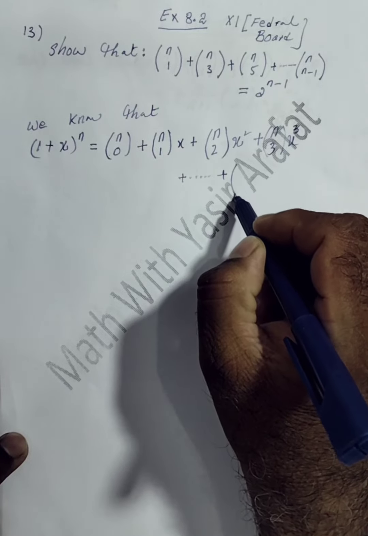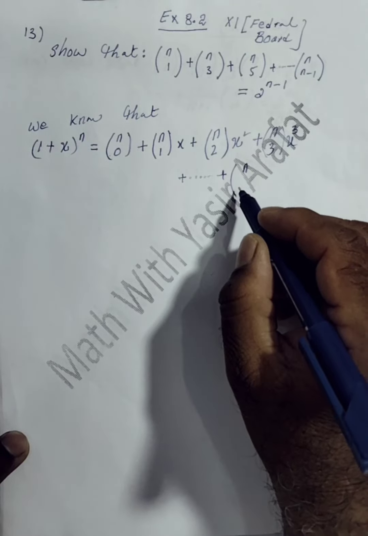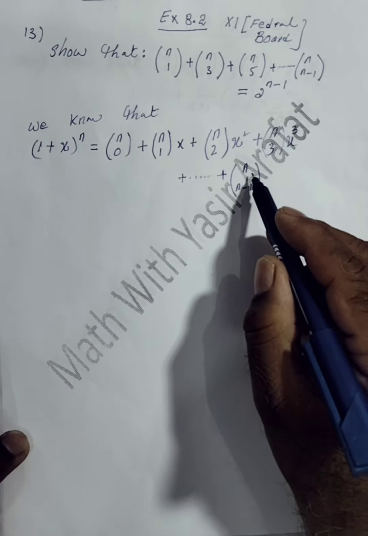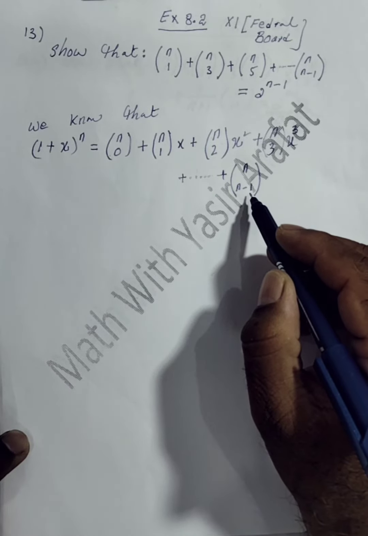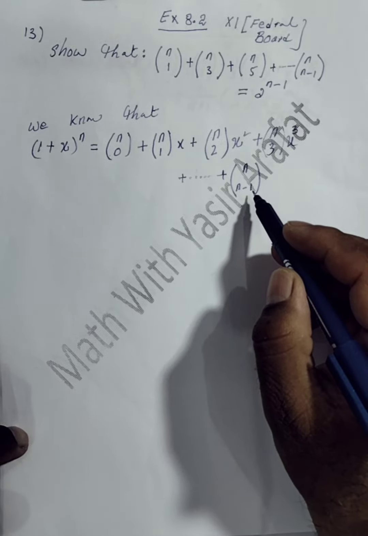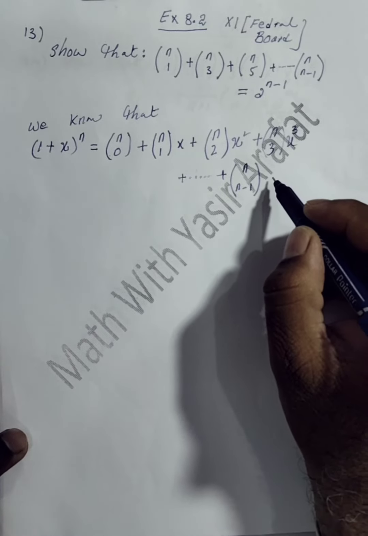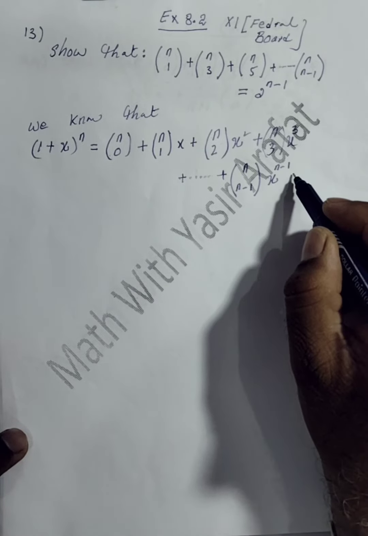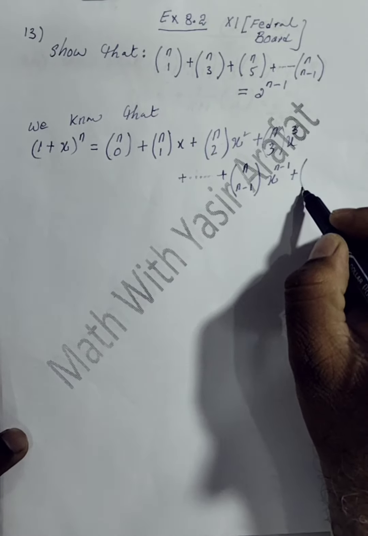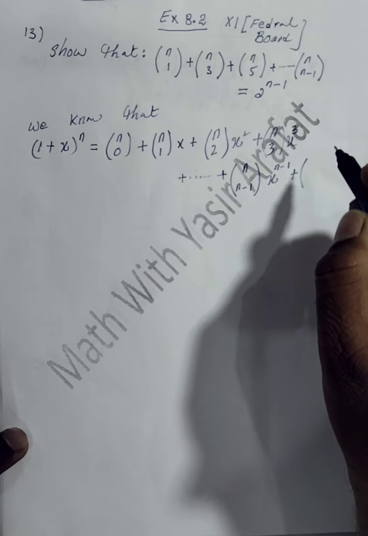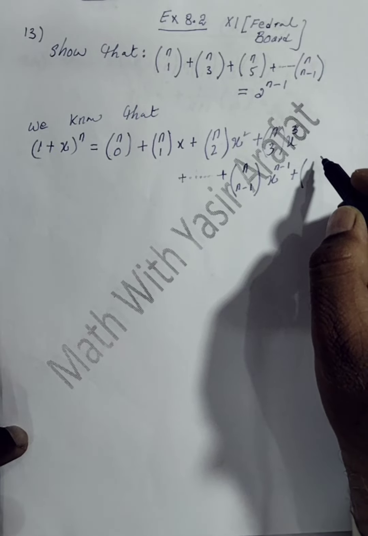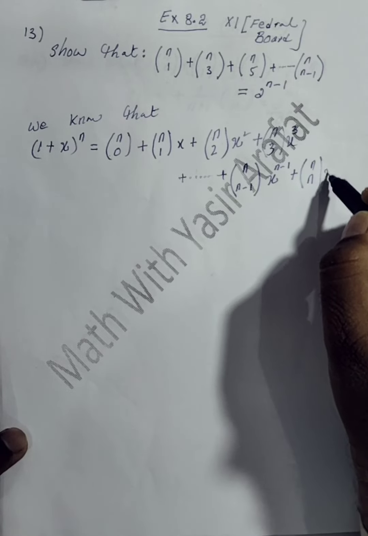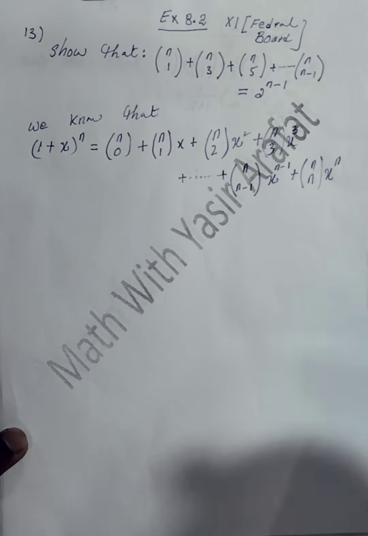Then nC(n-1) x^(n-1) is the second last term, and then the last term will be nC n, that is x^n.